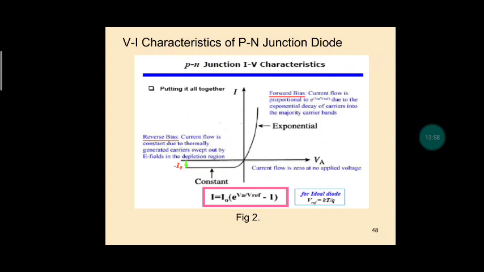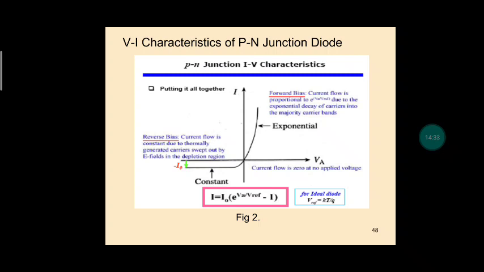In the case of breakdown voltage, in reverse bias, the voltage at which the current value decreases is called the breakdown voltage.